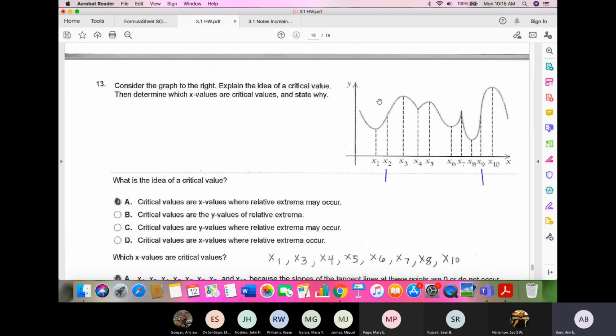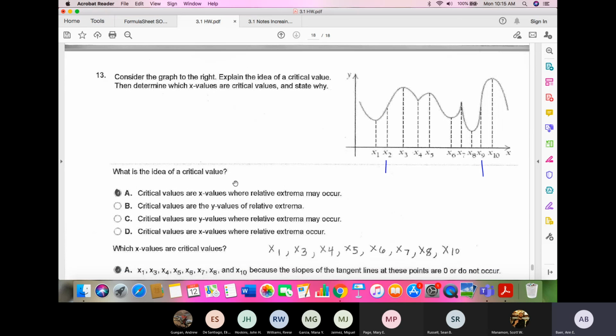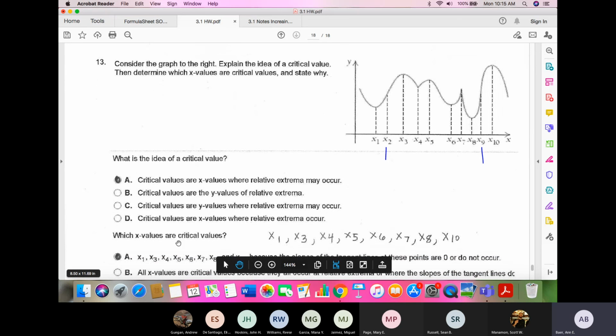But in this problem, you want to look at what is the idea of a critical number and which x values are critical numbers. This is the original graph. So if you remember, critical numbers are the only candidates for relative extrema. So if you have any relative extrema, there must have been a critical number.